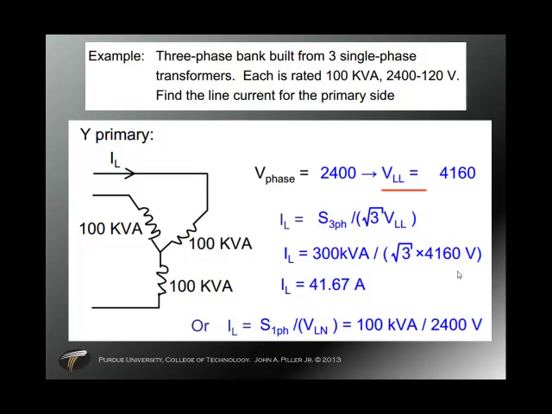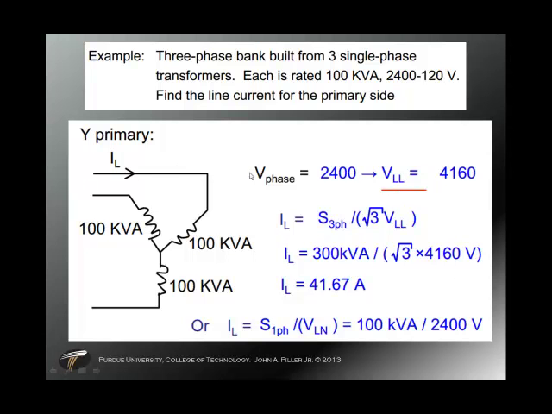Let's do some math here. 3-phase bank built from 3 single-phase transformers. Each of them is rated 100 kVA, 2400 to 120 volt. Find the line current on the primary side. Well, I want to set up the primary as a Y. I didn't define that, so we're going to do both Y and delta. For the primary current on the Y, your V phase is 2400 volts.